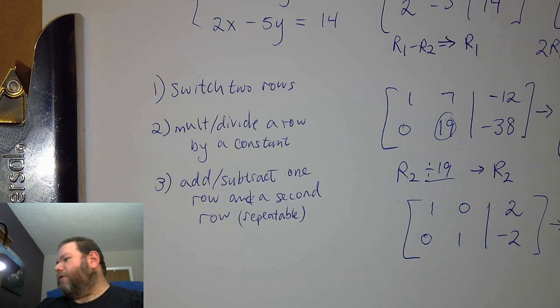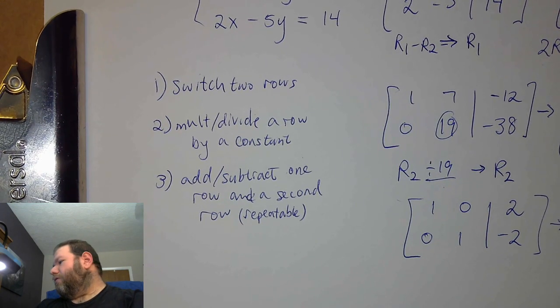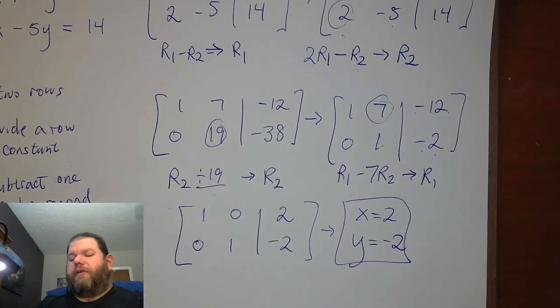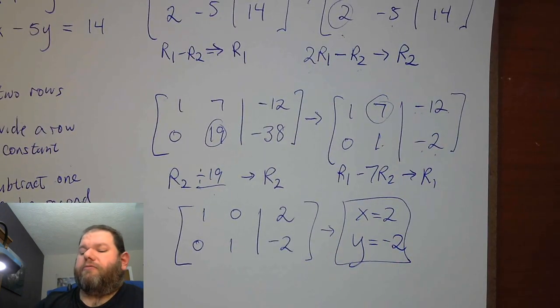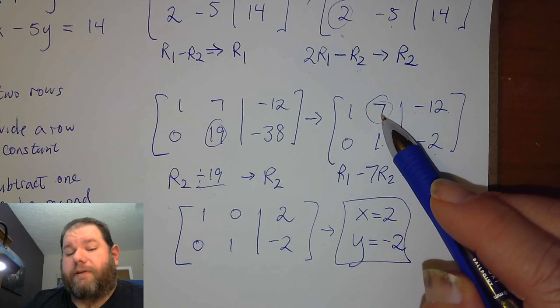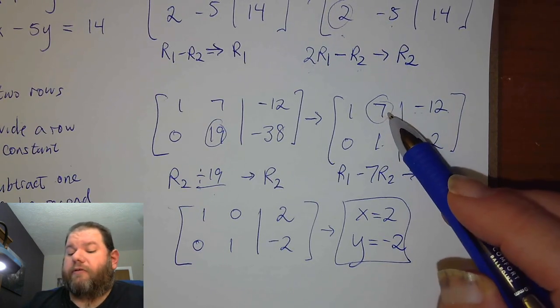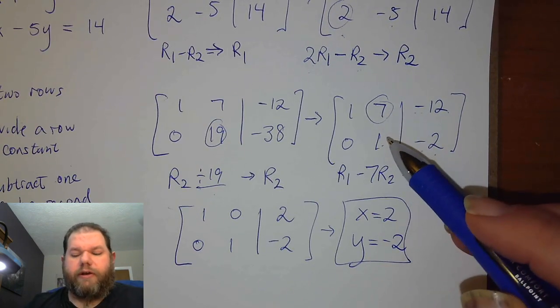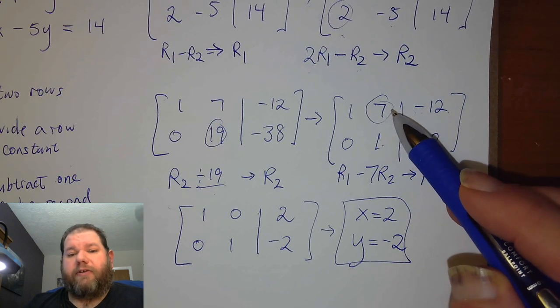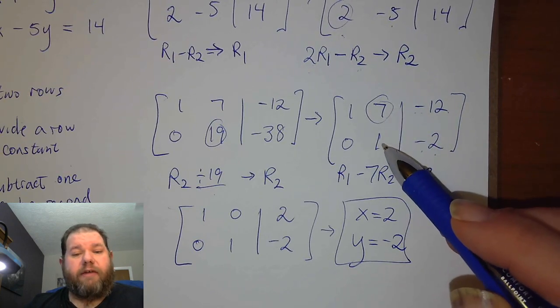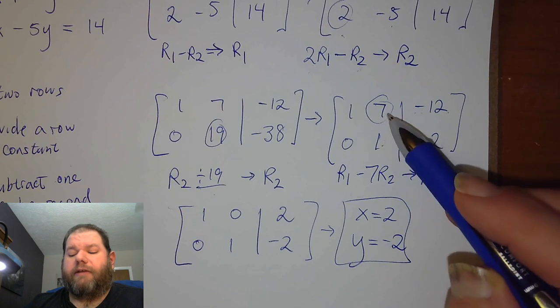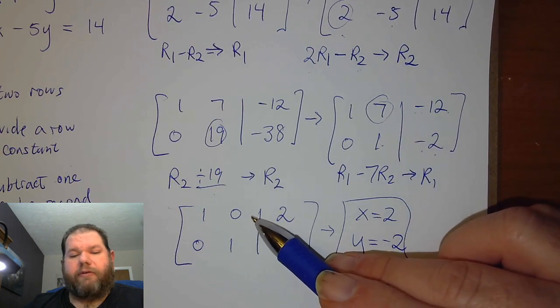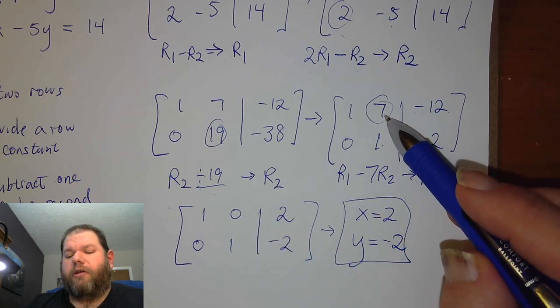Yeah, in this last step here, again, we wanted to make this a 0, and so we needed to use the 1 to do that. So if we can take our 7 and subtract 1 7 times, 7 minus 7 would give us the 0 that we need.